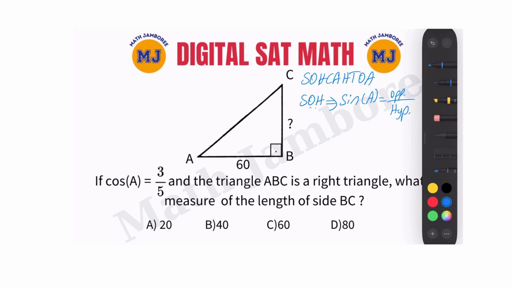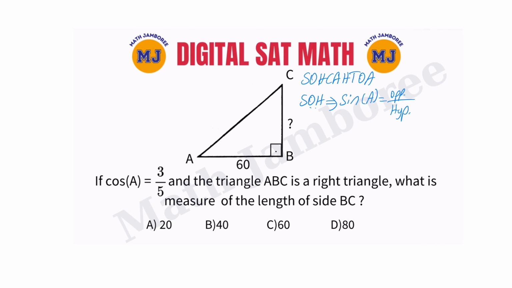And for the CAH, this means cosine A. C comes from the cosine, A stands for adjacent, over H stands for the hypotenuse.